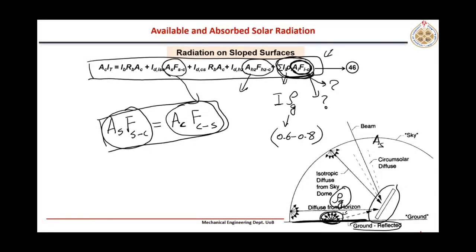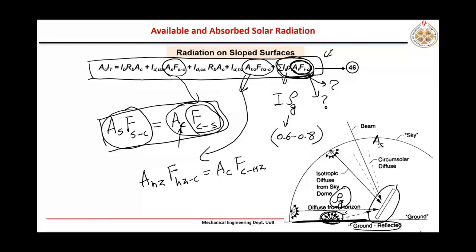Area of sky multiplied by view factor from sky to collector can be written as area of collector, which is normally known, multiplied by view factor from collector to sky, which is easy to determine. Similarly, area of horizon, which we do not know, multiplied by view factor from horizon to collector, can be written as area of collector and view factor from collector to horizon.